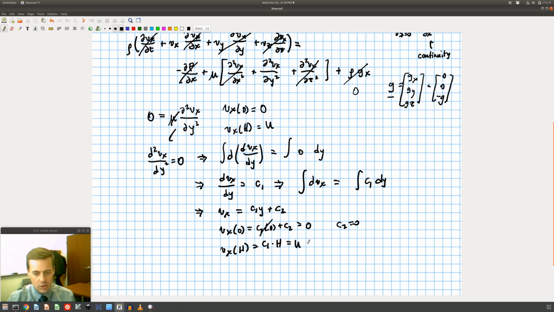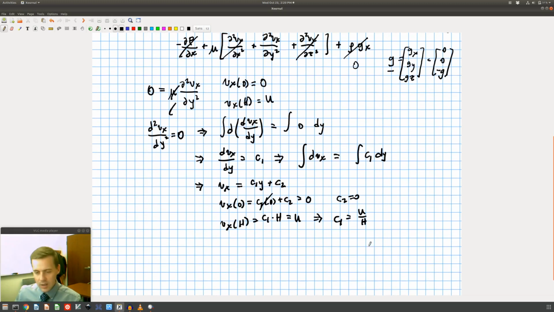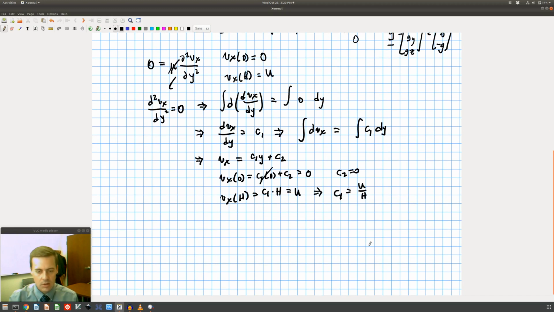It equals u. So now I can solve for c1, which is u over h. Giving myself a little more space down here, Vx as a function of y is going to equal c1y, which is u over h times y, plus c2, which I said was 0. So I've solved it.